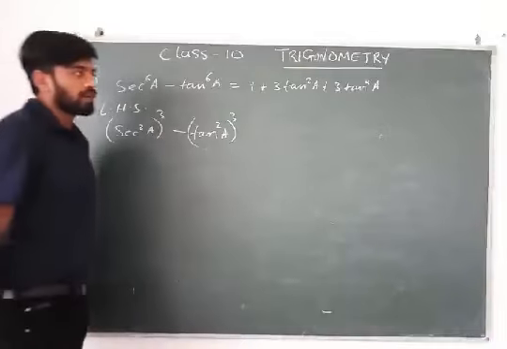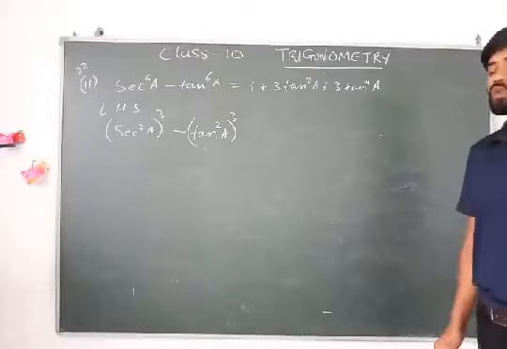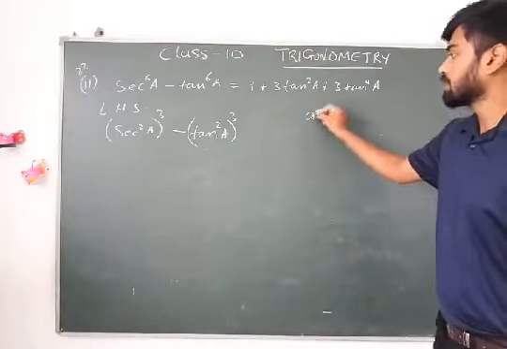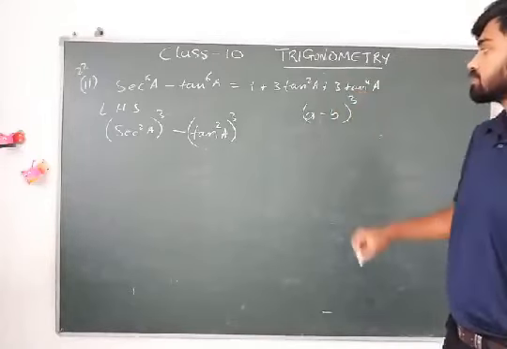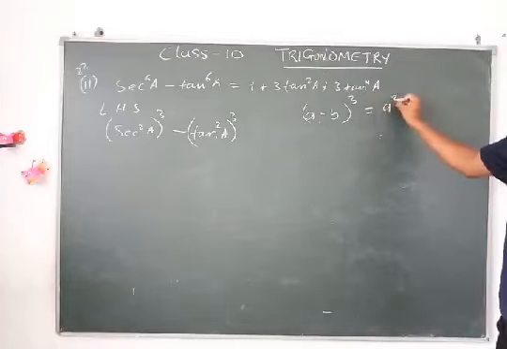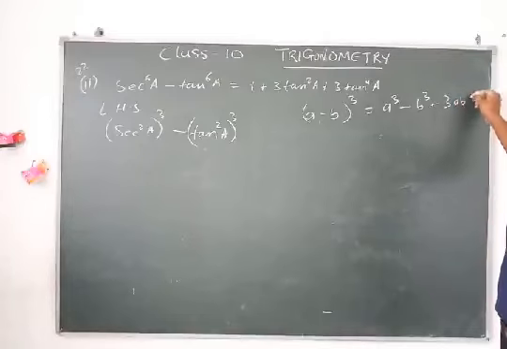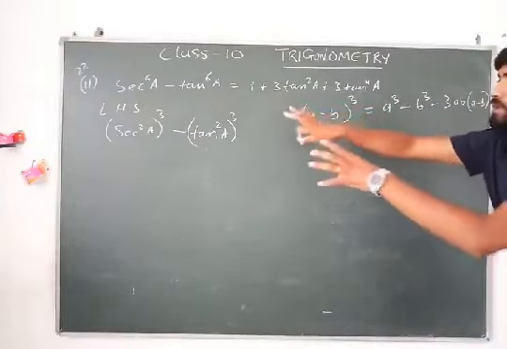Okay, now let's go back to class 9th and see what is the formula for A cube minus B cube. I know this formula. See, A plus B whole cube or A minus B whole cube. What is the formula for A cube minus B cube? A cube minus B cube minus 3AB A plus B. Sorry, A minus B. This is the formula, but this formula does not match that formula.